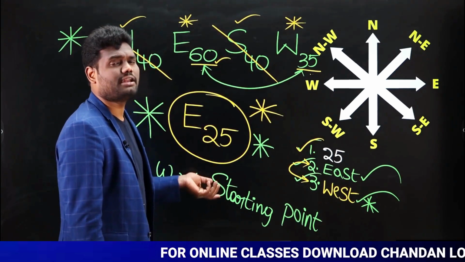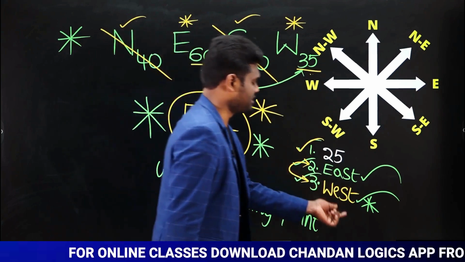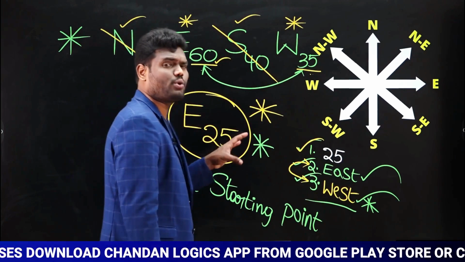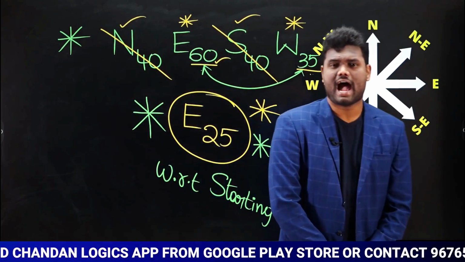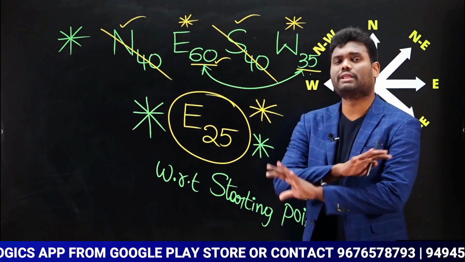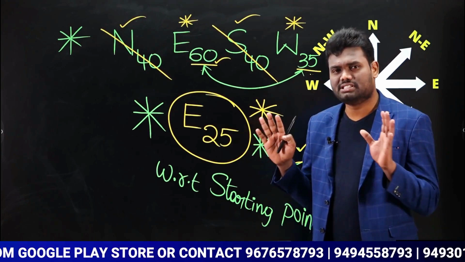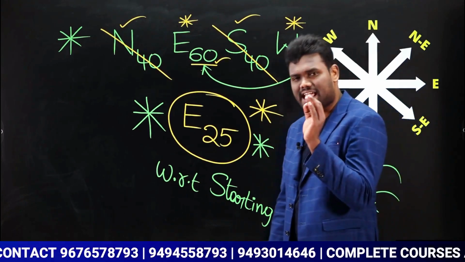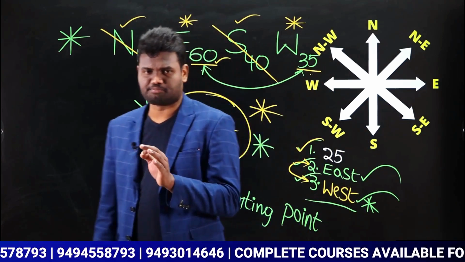East reversed is west, so the answer is going to be west. Is it clear? So directly you can apply the shortcut technique and get these answers very easily without drawing any diagram. You just have to know the trick we have said: same, you have to add it.